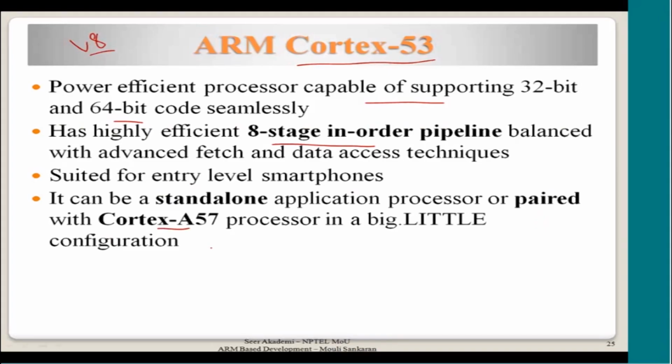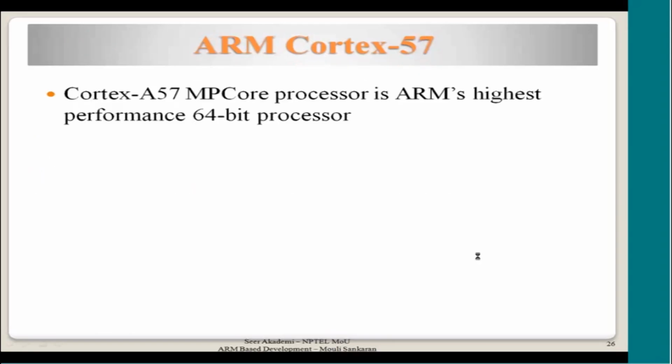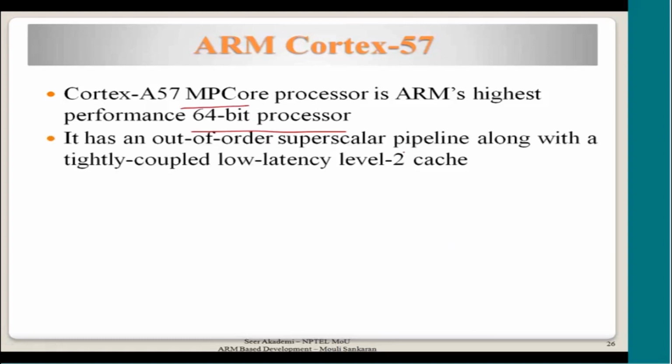So A53 can be the low-end one, and A57 can be the high-end. So they can be paired in parallel following the big little technology that I have discussed. A57, of course, is a high-end processor with a multi-core processor. Okay, highest performance 64-bit processor, it has got out of order superscalar. So you can include A57 and A53 to form a big little configuration.